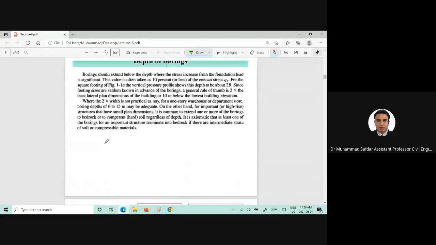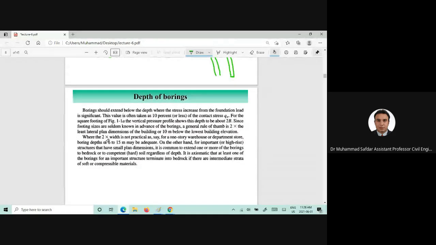Now, these are theoretical values which are given based upon different trial and error. There are other concepts also discussed: the footing sizes are seldom known in advance of the borings. So a general rule of thumb is to go 2 times the least lateral dimension of the building.